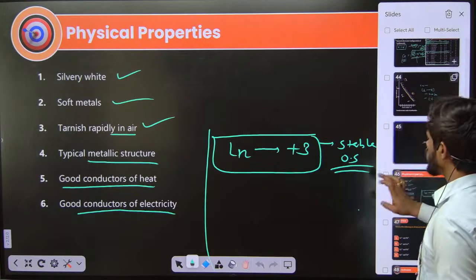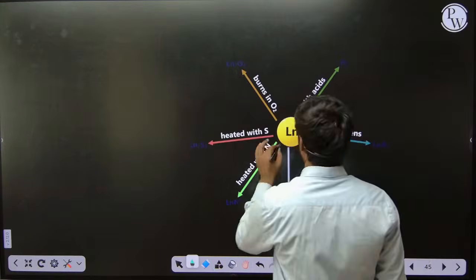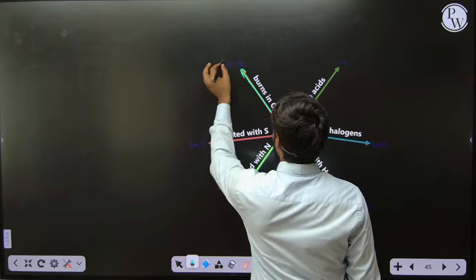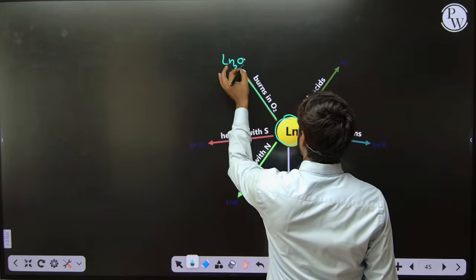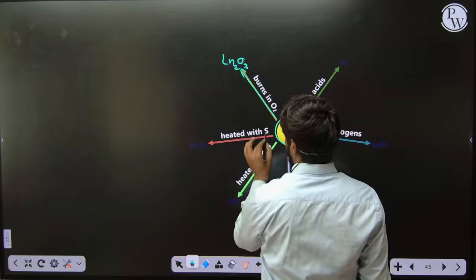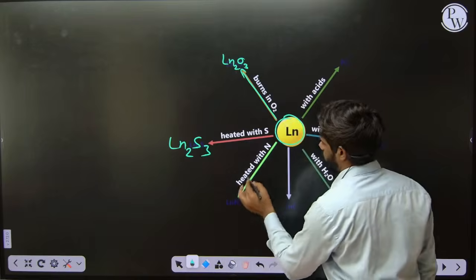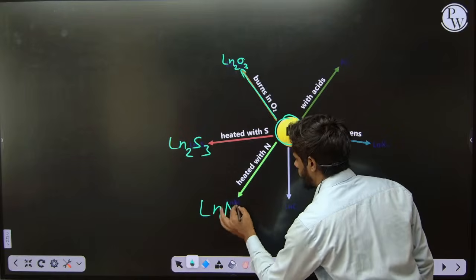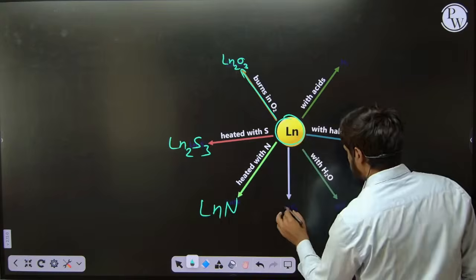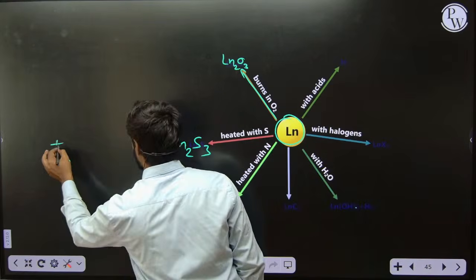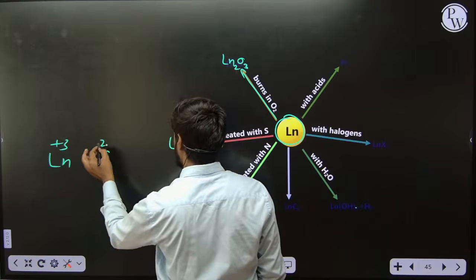Some compounds that the lanthanides form: with oxygen, it will form what? It is Ln2O3. With sulfur it will form Ln2S3. With nitrogen it will form LnN. So that we know the formula formation: Ln has +3, and sulfide is 2 minus.